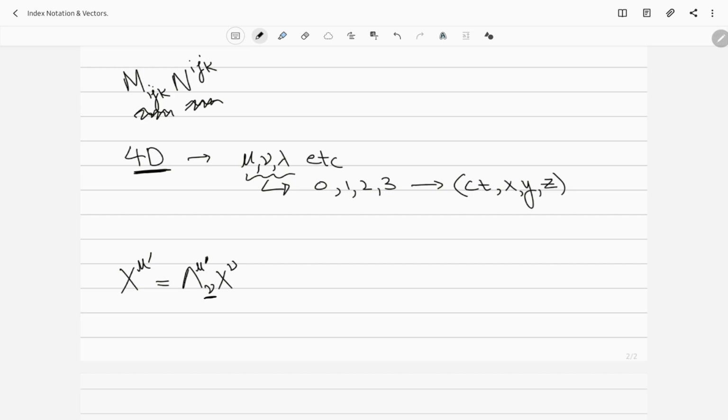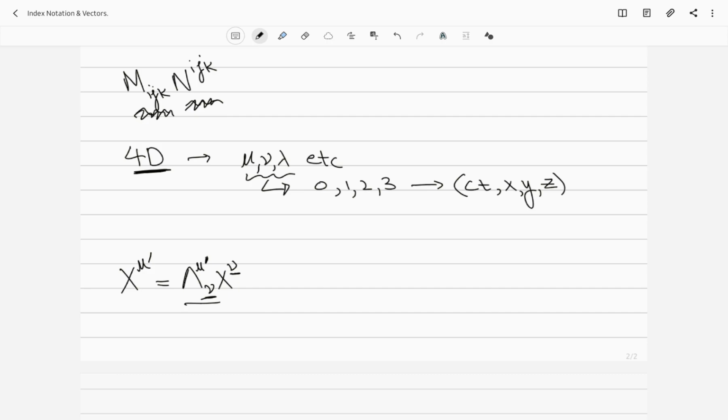Again, you see that they come in immediately adjacent pairs. In fact, this Lambda^mu'_nu will be the only object we are going to encounter in this form, with one primed and one unprimed index.